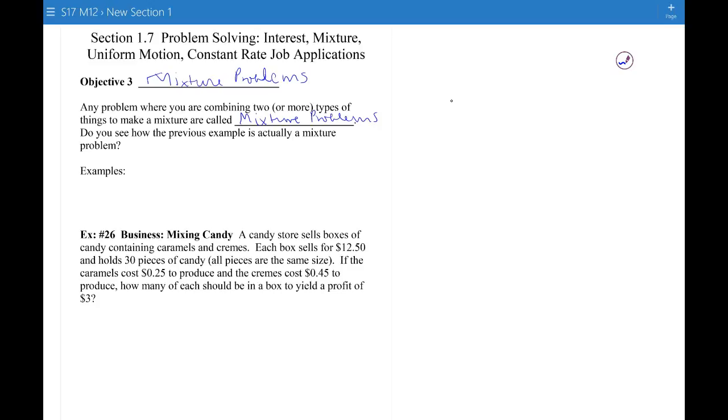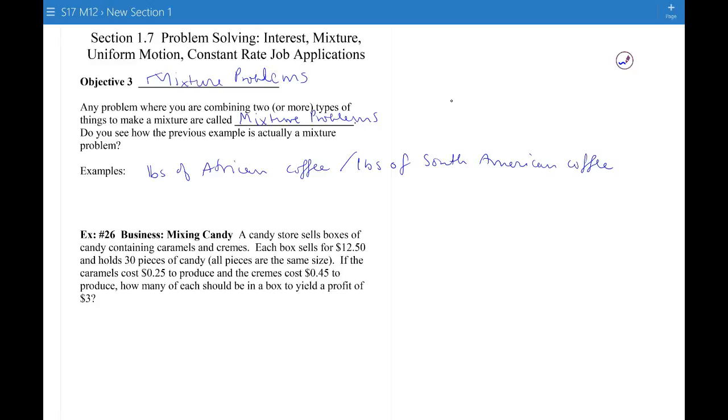So it could be pounds of African coffee mixed with pounds of South American coffee. You can tell I'm not a coffee drinker. And that's going to be a mixture problem.